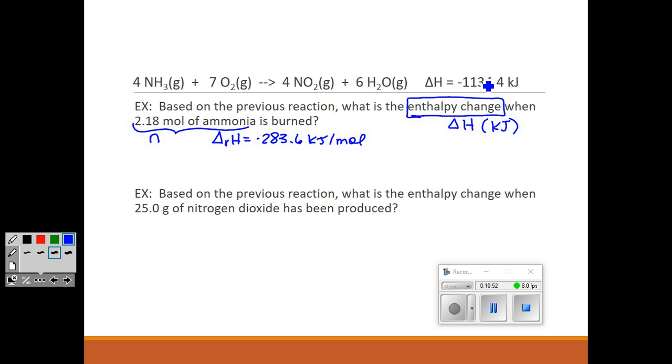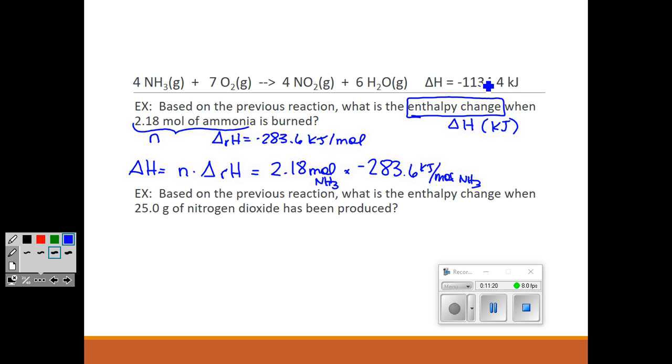I'm looking for the enthalpy change, and I know the number of moles. That means I can use the formula the way it was written and simply fill in 2.18 moles of ammonia times negative 283.6 kilojoules per mole of ammonia.